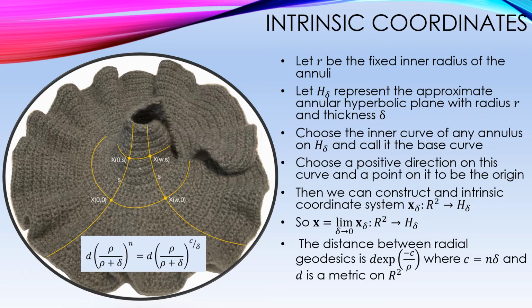We can replace n with c over delta so that we have d times rho over rho plus delta to the c over delta. Now if we take the limit as delta goes to 0, then we have the distance between radial geodesics on this annular hyperbolic plane equal to d, our metric on R squared, times e to the negative c over rho.